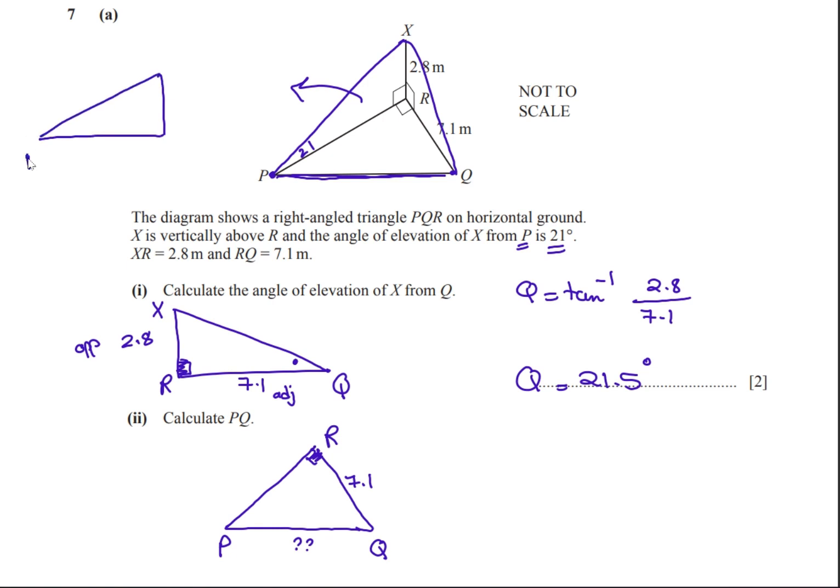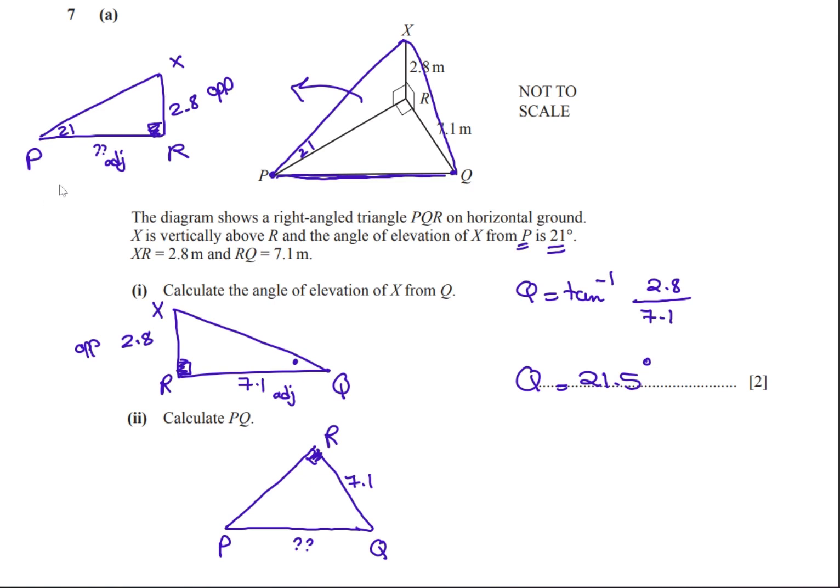Okay, this is B and this is R and this is X. What is given here? This is 21 and this is 2.8. So can I have this? Yes, of course. How? This is adjacent and this is opposite. So which ratio should I use?